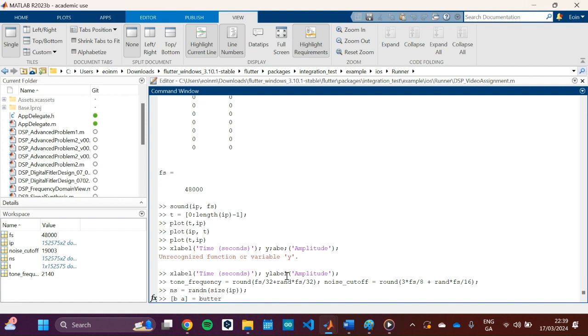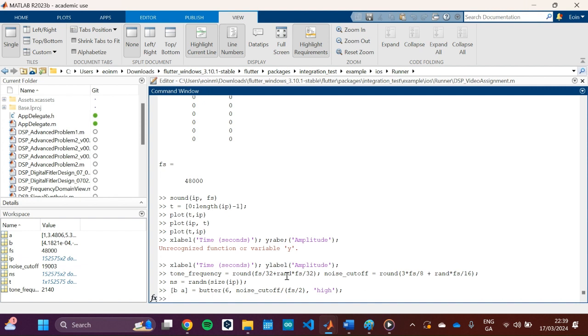I'll create a Butterworth filter of 6th order, and set the frequency to noise_cutoff over FS over 2. And I'll set it to be a high pass filter.